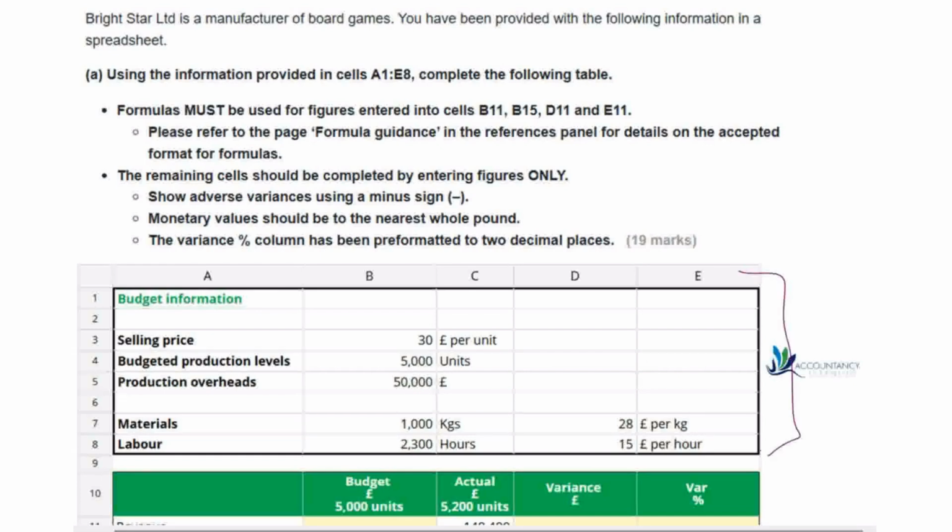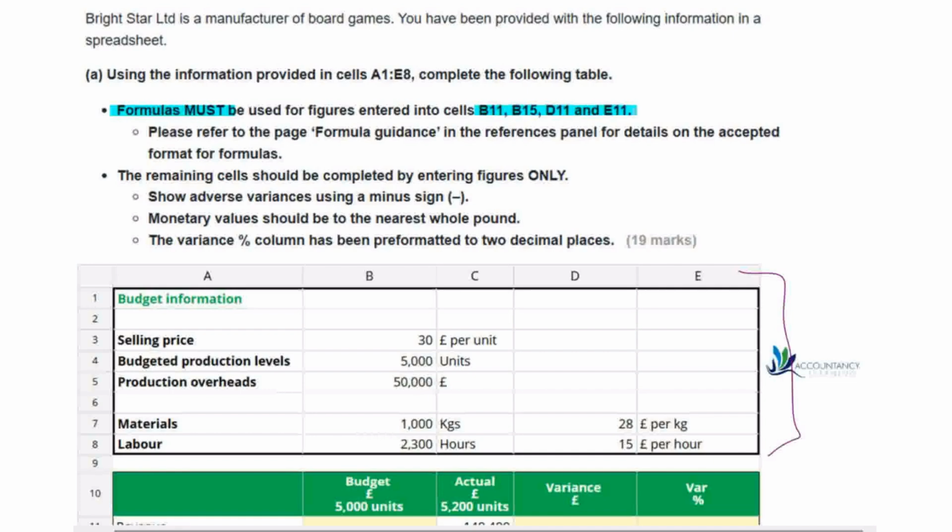Part A is using the information provided in cells A1 to E8, complete the following table. Now with this question we need to make sure we're reading the question carefully. So formulas must be used for figures entered into cells B11, B15, D11 and E11.